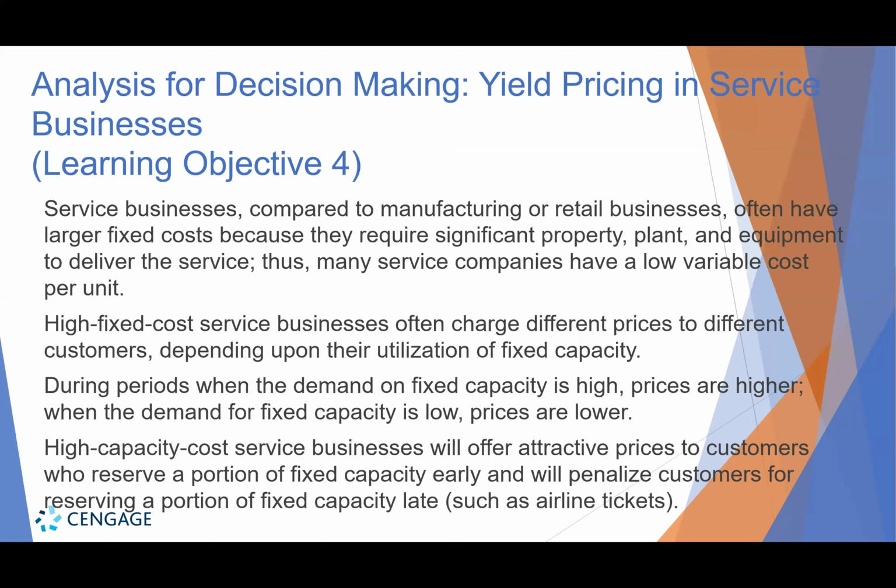So oftentimes with service businesses, there are higher fixed costs and lower variable costs. It changes the pricing. When the demand on fixed capacity is high, prices are higher. When the demand for fixed capacity is low, then the prices are lower.